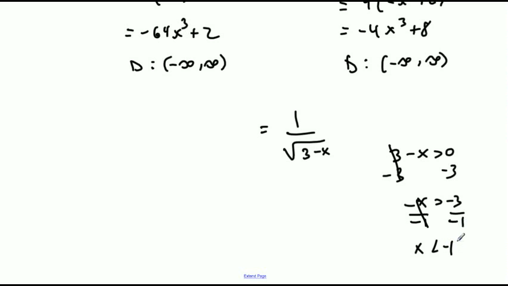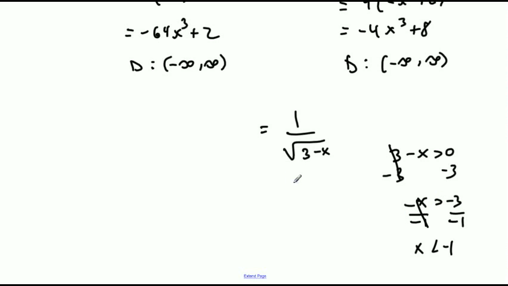So check this out. That means my x values down here have to be less than negative 1. If I pick a number that's not less than negative 1, like 0, well, if I put 0 right here, 1 divided by, oh no, okay, that's going to be okay right there. Hold on here. So we're trying to look for when these are going to be positive right here.